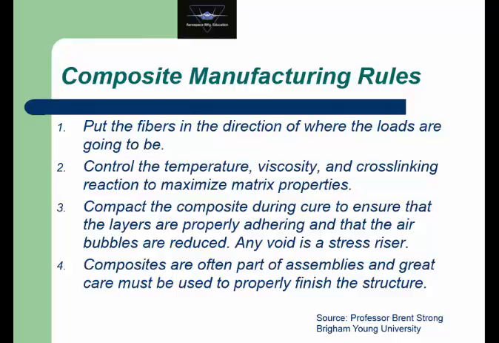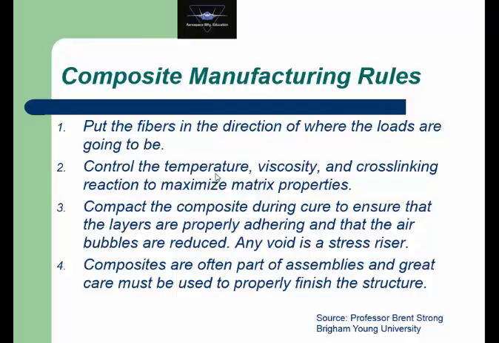We need to control the temperature, viscosity, and cross-linking reaction to maximize matrix properties. So what does this mean? Well, we said before that putting together composites is a very process-driven procedure. That is, you have to have process control all the way through to maintain quality. So temperature is important not only in the curing, the cross-linking process, but also in the wetting process.